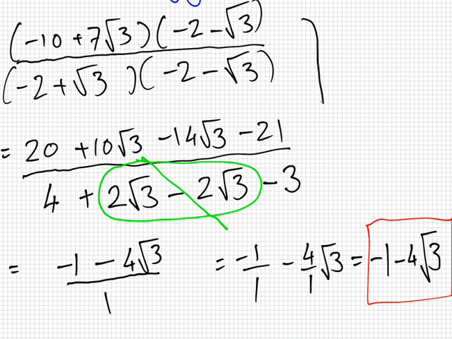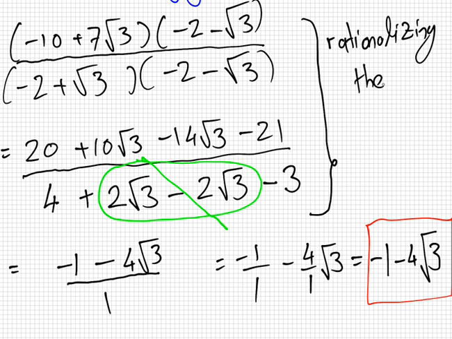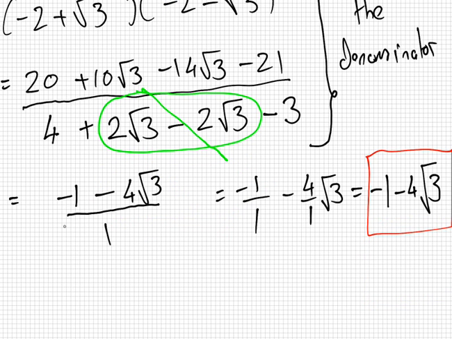So for these, the first thing I recommend doing is simplifying this part. 147 is 49 by 3, and 49 is 7 by 7. So it'll be 7 root 3, because this would be root 7, 7, 3, which would be root 49 root 3, which is 7 root 3.